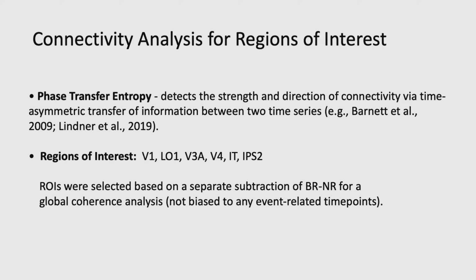In general it works on the same principles as, say, Granger causality or any of the time delay based measurements of connectivity. We picked a few regions of interest that were independently defined from another subtraction.